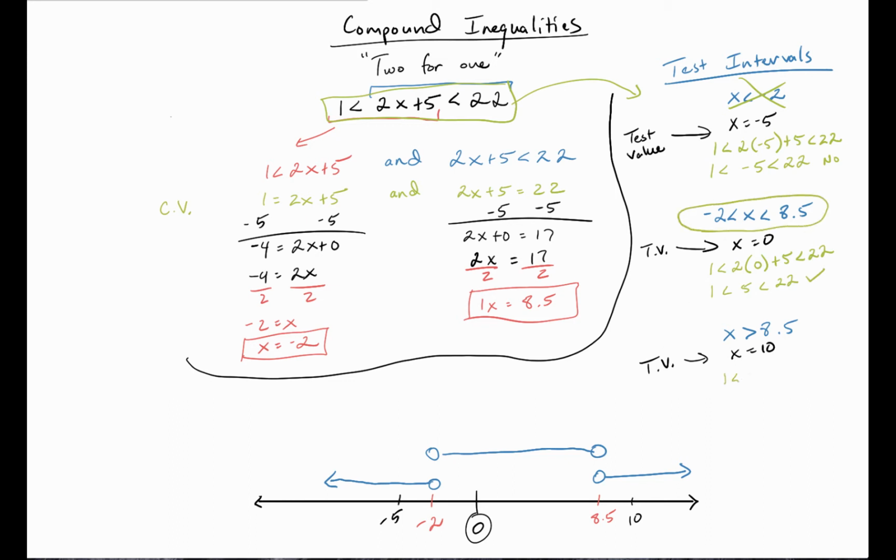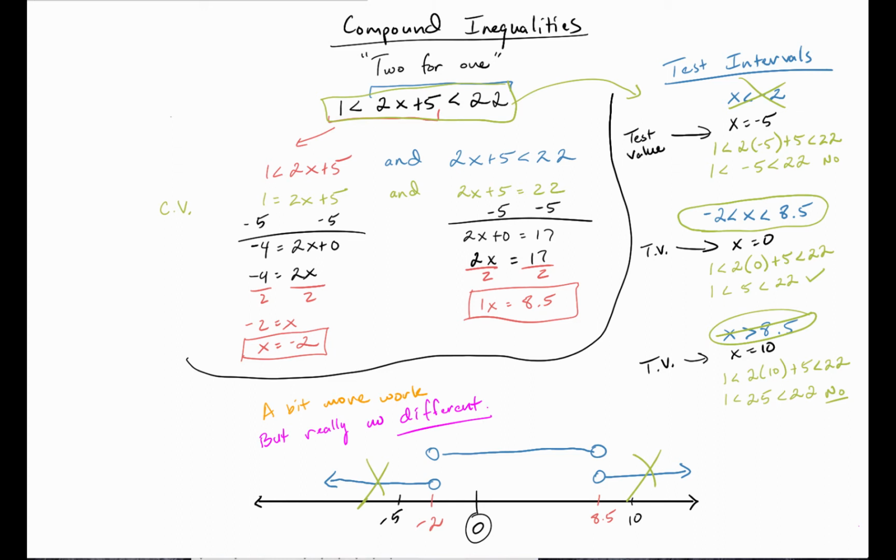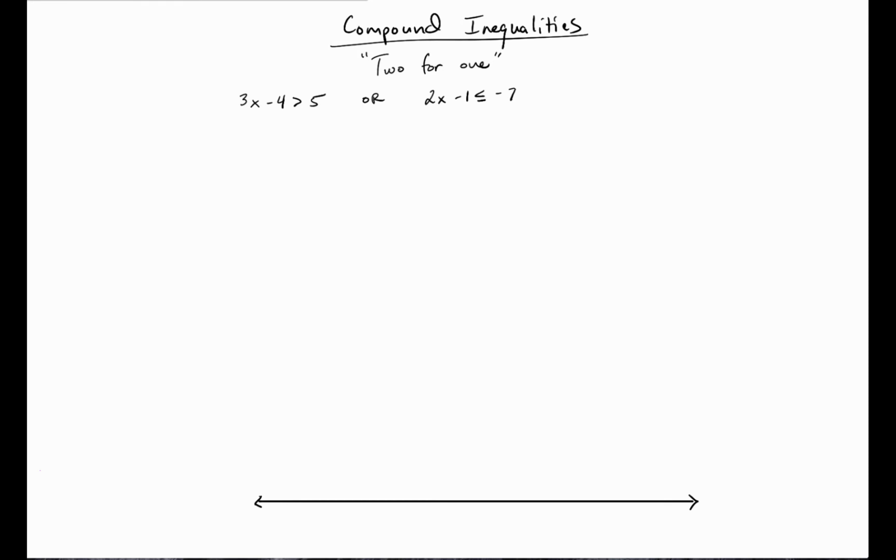And the last one, I see that it does not work. From experience and knowing some patterns, you'll be able to know that this should look this way, and after we do the other type of compound inequality, you can kind of see that. But there's no difference to the procedure here. We're just having to do a little bit more work because there are two inequalities.